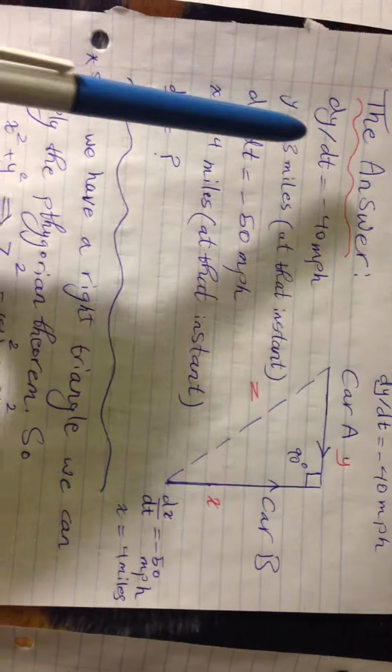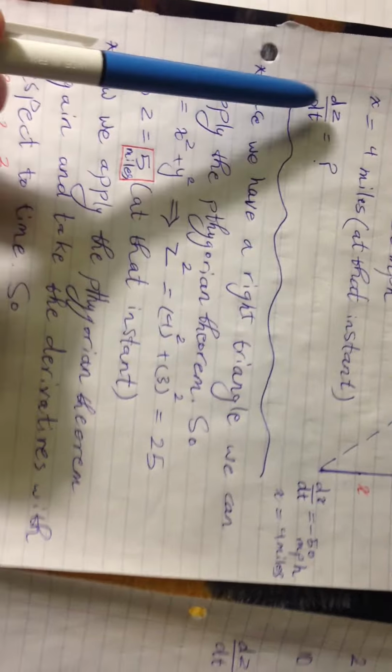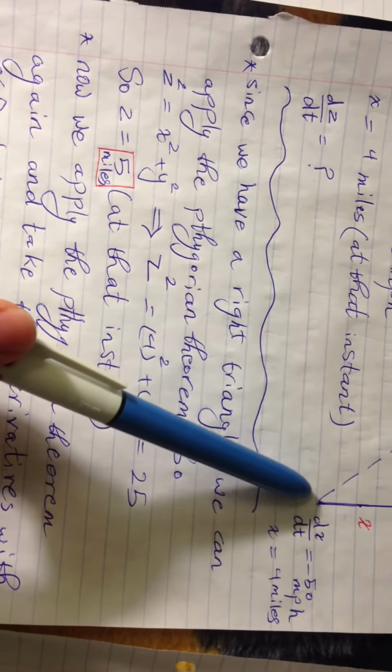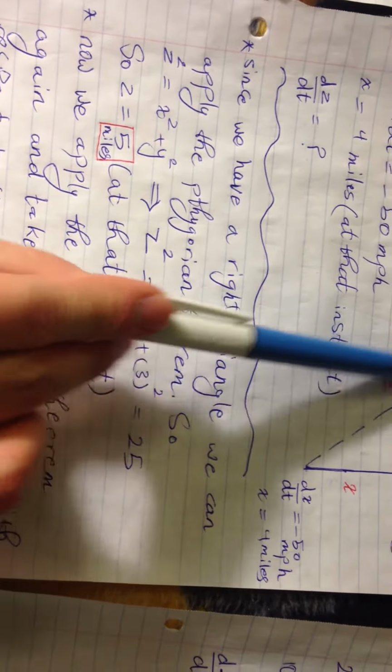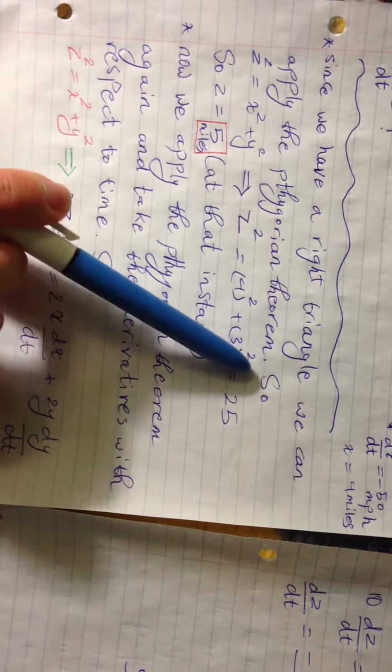Okay, so we're given that information and we want dz/dt, which is the rate at which the distance between the two cars changes. First of all, we should find Z. We have a right triangle, so we can apply the Pythagorean theorem.